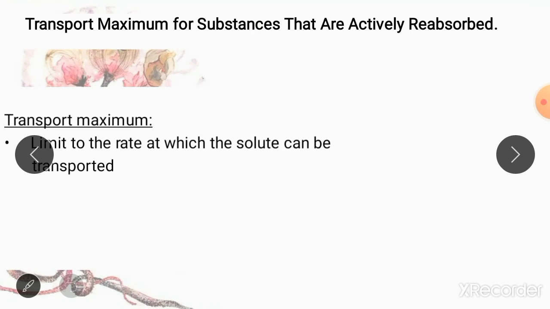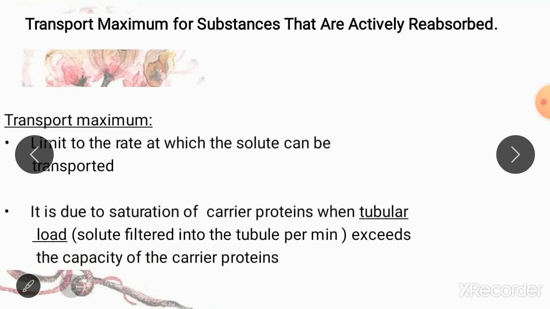So transport maximum is the limit to the rate at which a solute can be transported, and it is due to the saturation of the carrier proteins when the tubular load, which means the solute which is filtered in the tube per minute, exceeds the capacity of the carrier proteins.